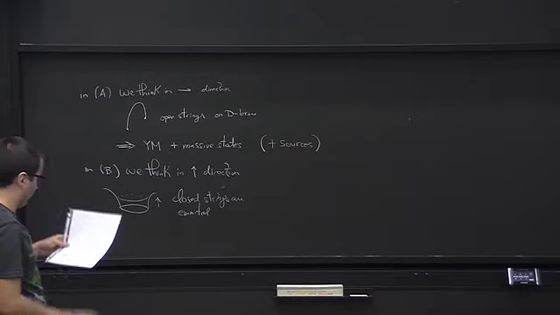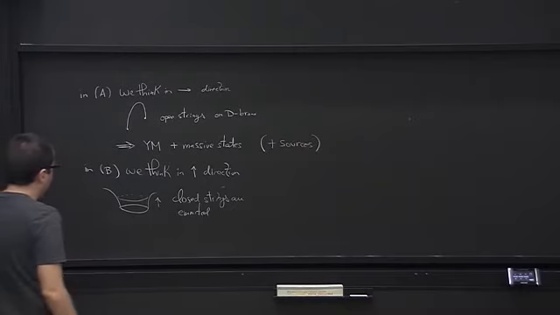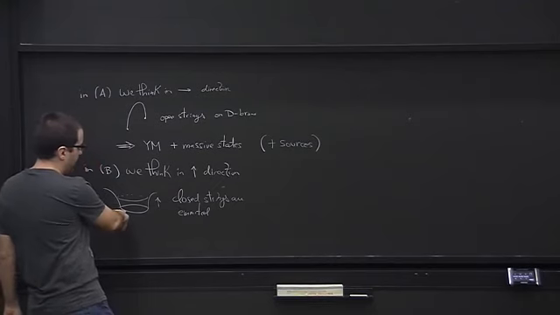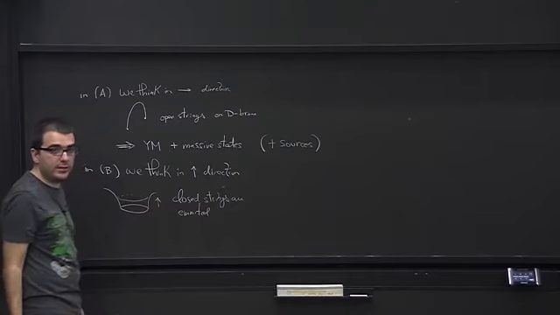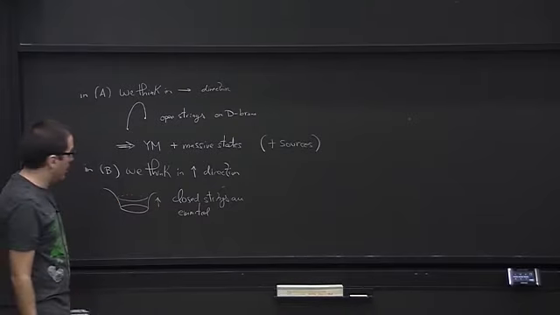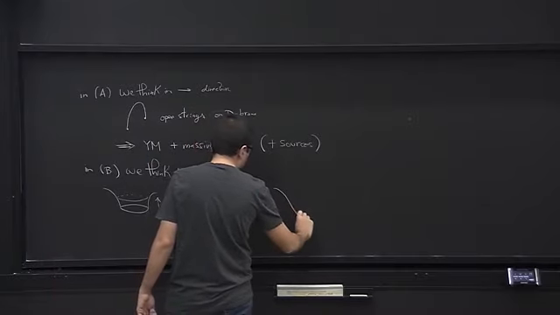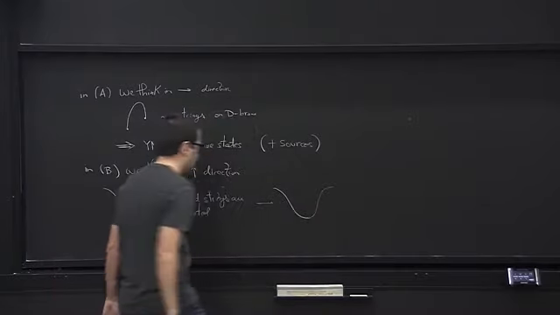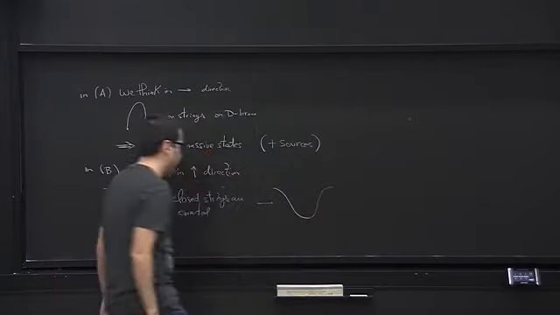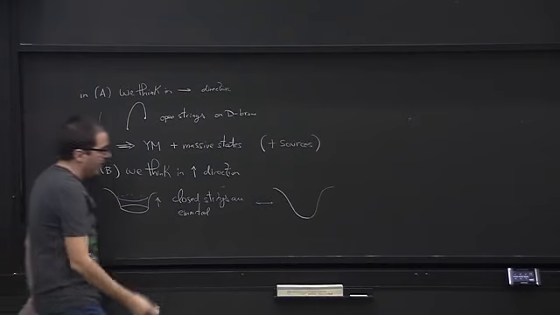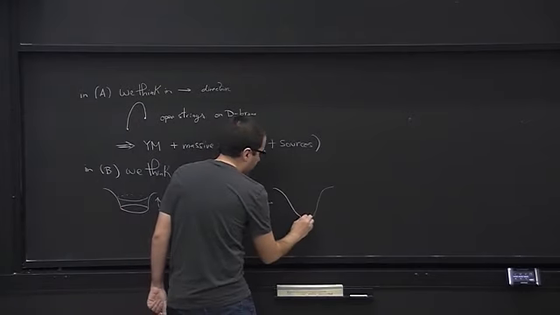Now, emitting closed strings, what does it mean? How should I think of an emission of a closed string on some surface? Well, this is equivalent to thinking that I have my surface. Now I'm closing it. I close this surface here. Okay? And now I say that here I insert some local operator.